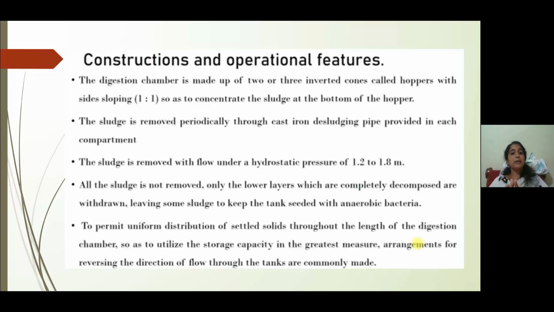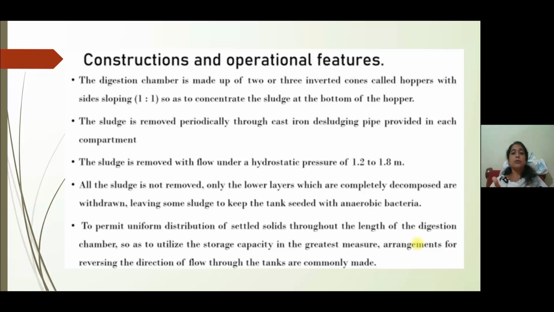The digestion chamber is made up of 2 or 3 inverted cones called hoppers with a side slope of 1:1, so as to concentrate the sludge at the bottom of the hopper. The sludge is removed periodically by desludging pipes provided in each compartment.